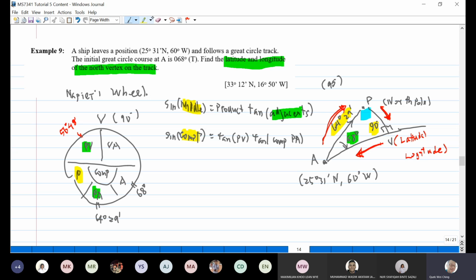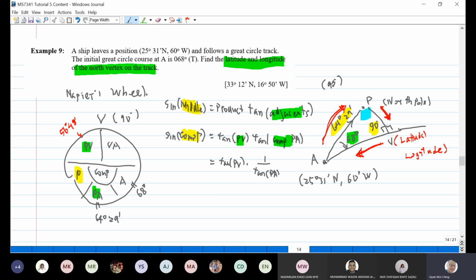So let's use the green color again. Now you can simplify it. Remember tangent PV. Now, the tangent of co-PA is 1 over tangent PA, so we can simplify this already.